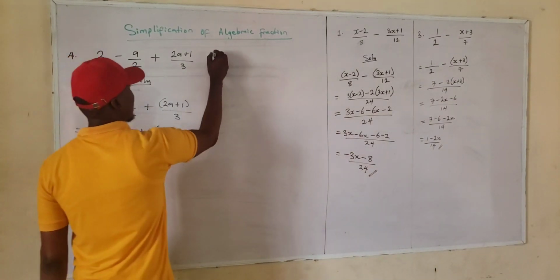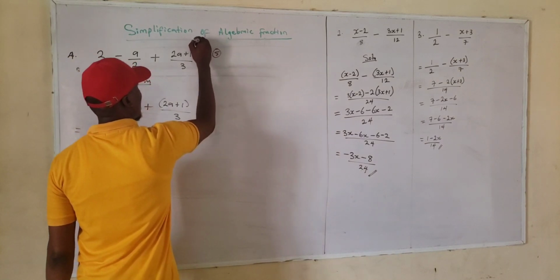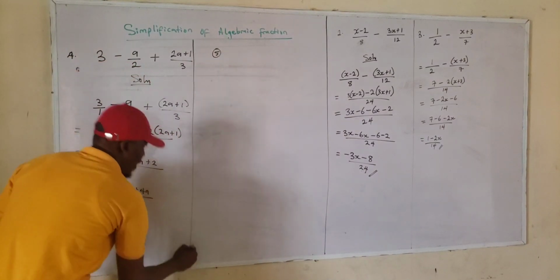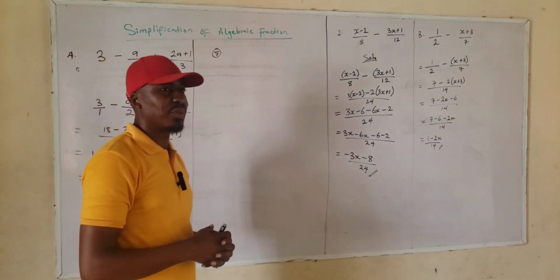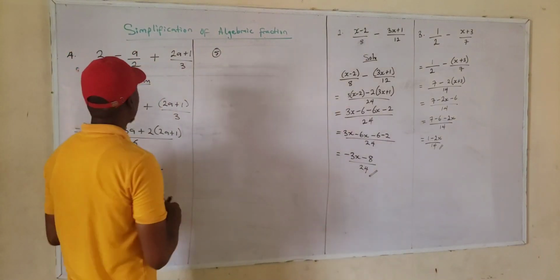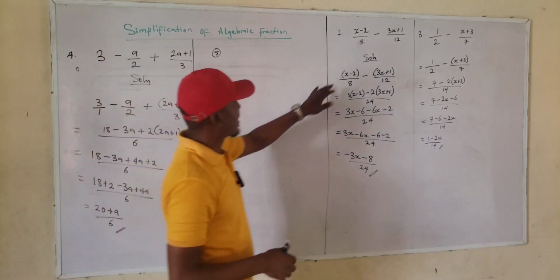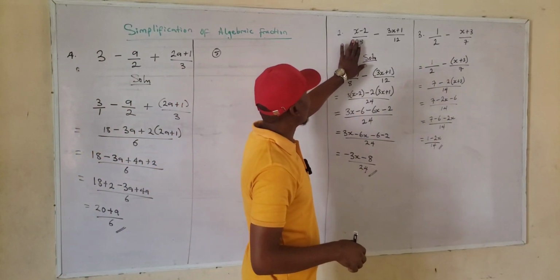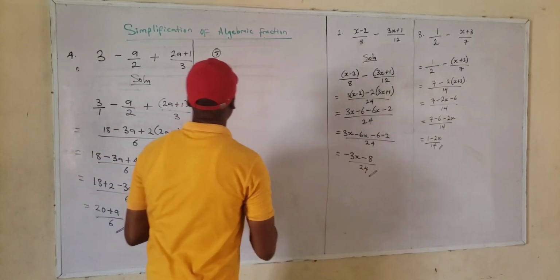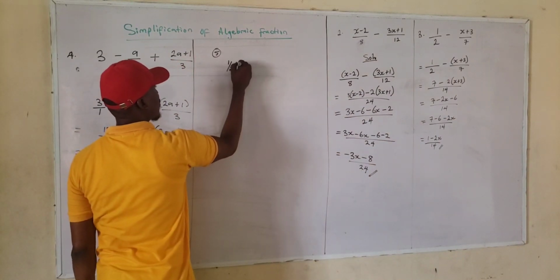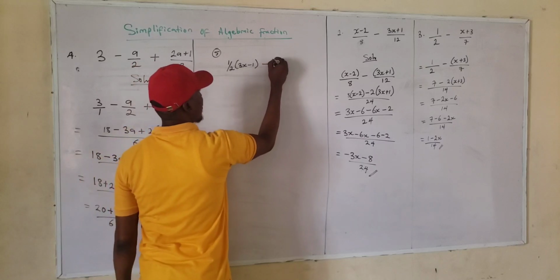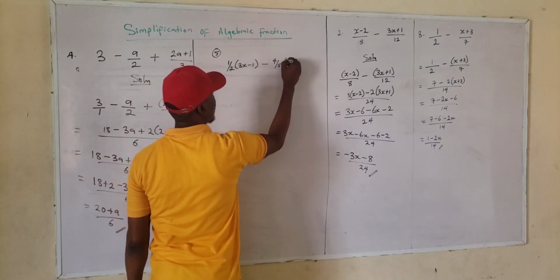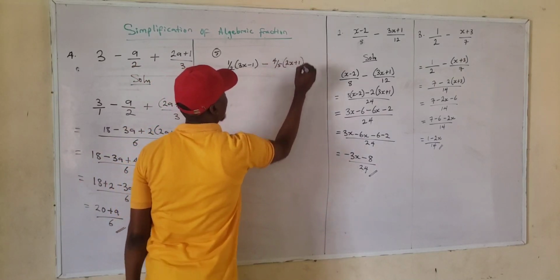Okay, let's do the last example, because some of the examiners would like to trick you. Okay, what do I mean by examiners trying to trick you? Some examiners will write the problem instead of what you are seeing here. Instead of writing this problem like this, they will write it like this: 1 over 2 into 3x minus 1 minus 4 over 5 into 2x plus 1.